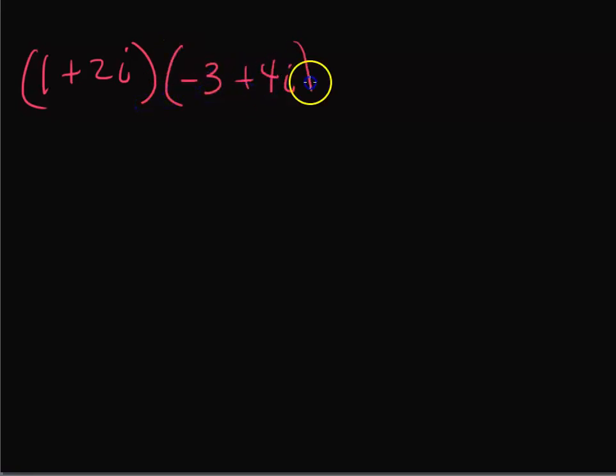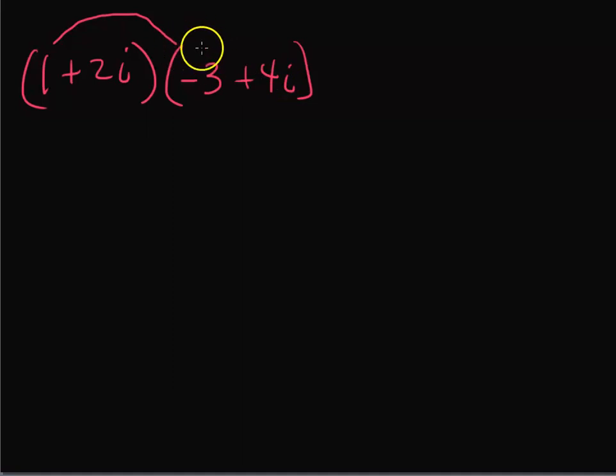What about multiplying? Let me move this back down again. Looks like I keep messing that up. So to multiply, say 1 plus 2i, and we're going to multiply negative 3 plus 4i. Now you use FOIL, but you may not have to use it in that order.